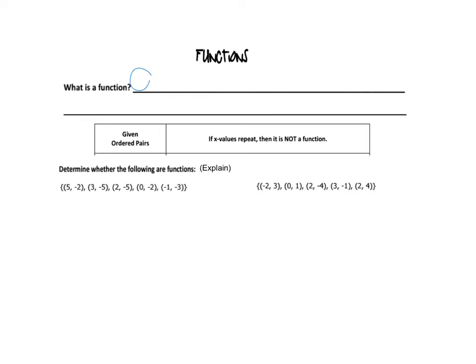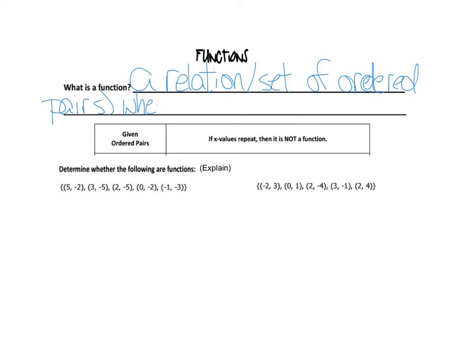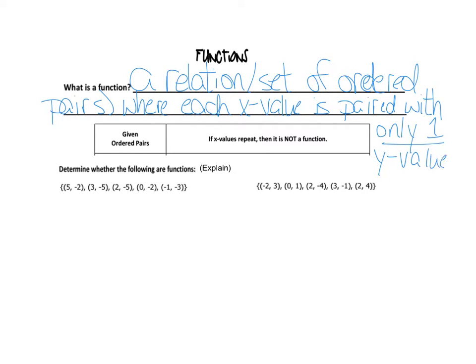A function is a relation, which you'll remember is just a set of ordered pairs, where each x value is paired with only one y value. Each x value is paired with only one y value.